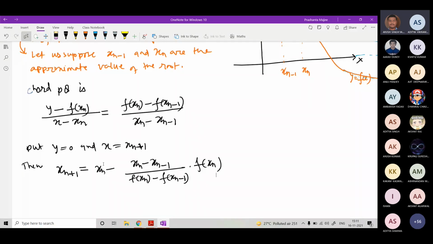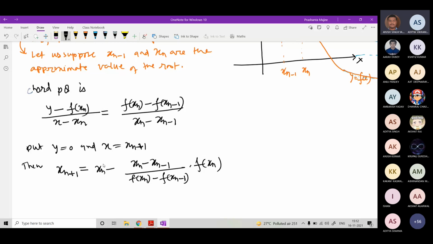Put y equals 0. When you are putting y equals 0, that means you are finding the x values for which the height of the curve will be 0. That means the curve will be intersecting the x-axis. And put x equals xn plus 1, which will denote the next approximate root. So xn plus 1 is xn minus xn minus xn minus 1 by f of xn minus f of xn minus 1 whole into f of xn.